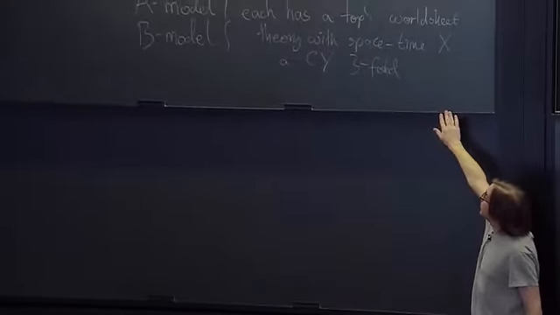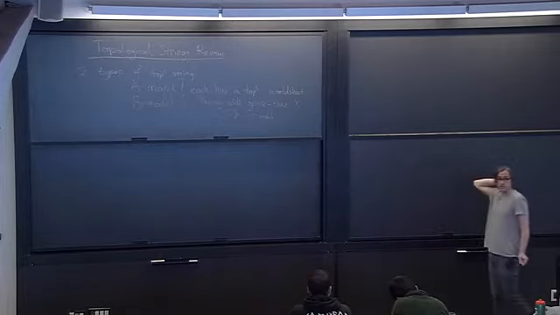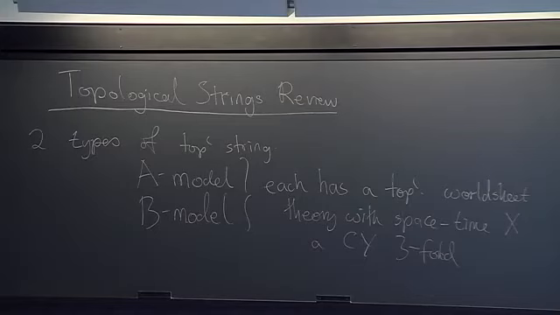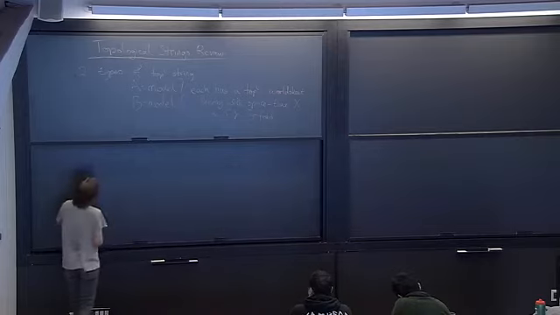So we're going to focus mostly not on the worldsheet, but on the space-time, because when you're doing holography, you're interested in gauge theories and in supergravity theories. And also mostly focus on the B model.